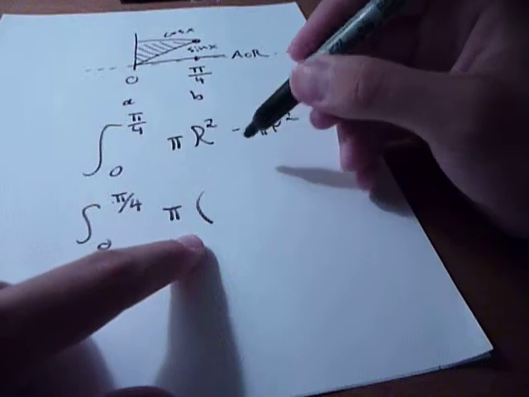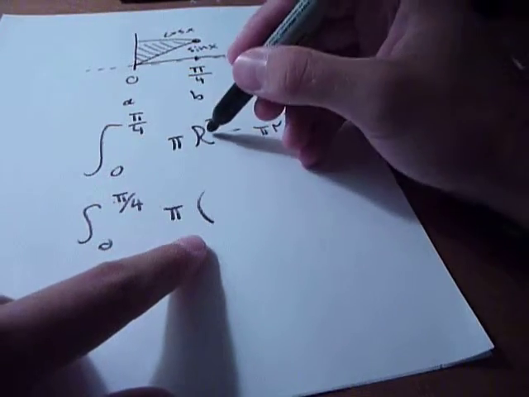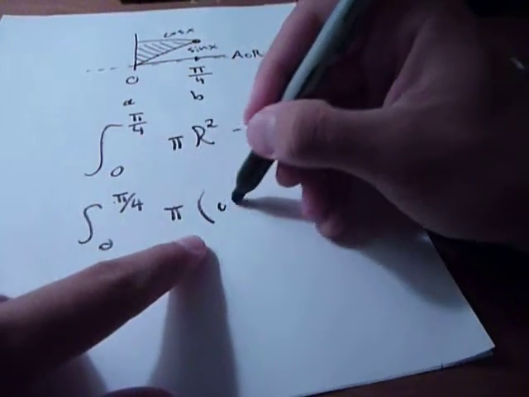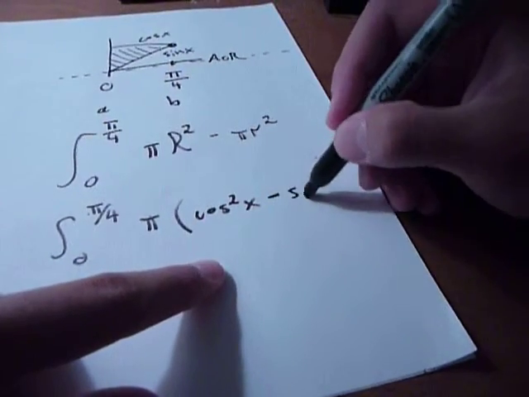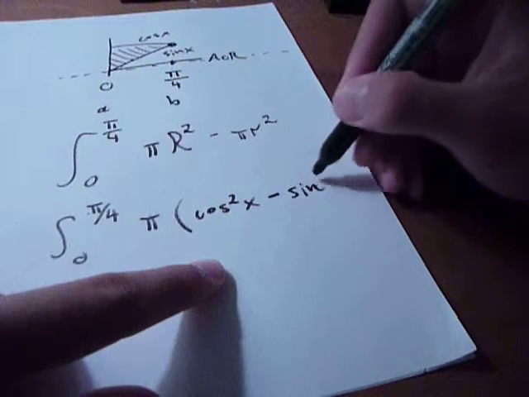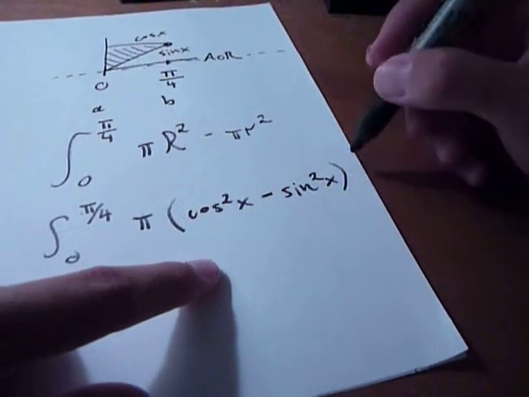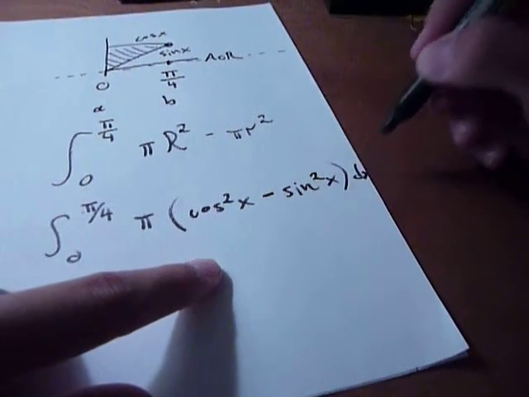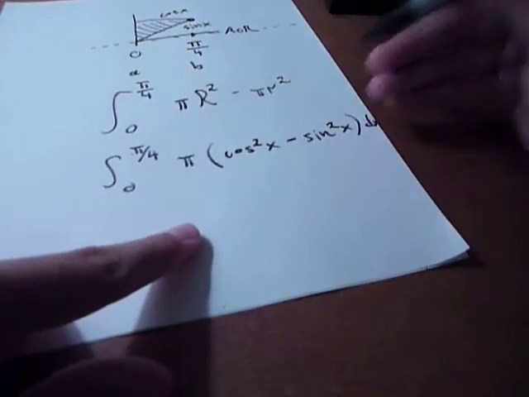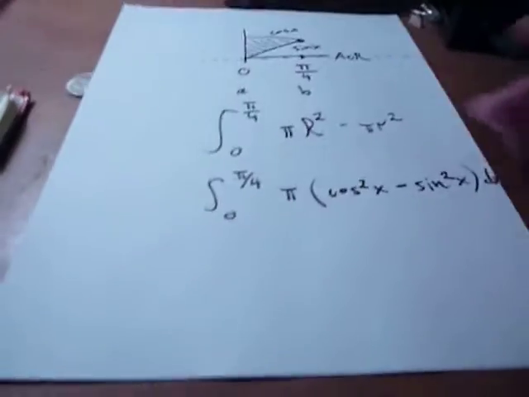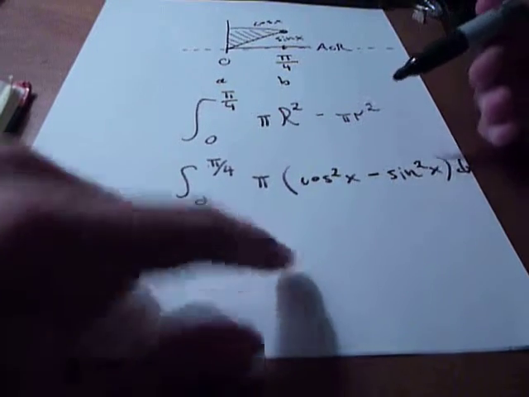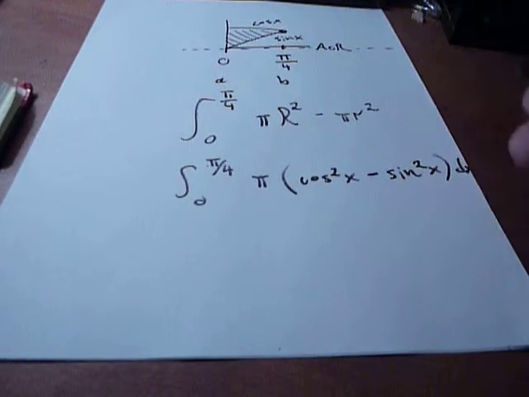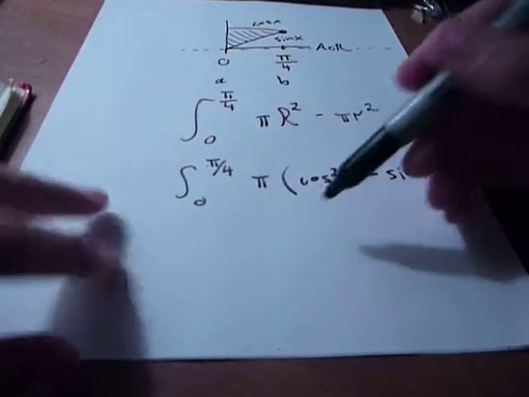Capital R is cosine x, so cosine squared x, minus sine squared x, and then you add dx on to the end. From here you just simplify and solve it normally as an integral.